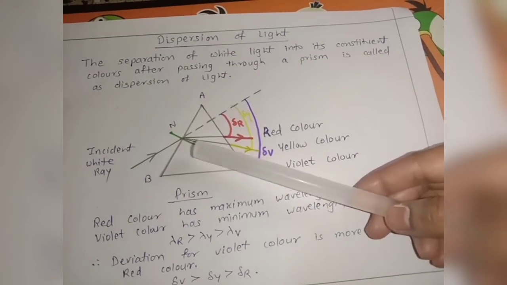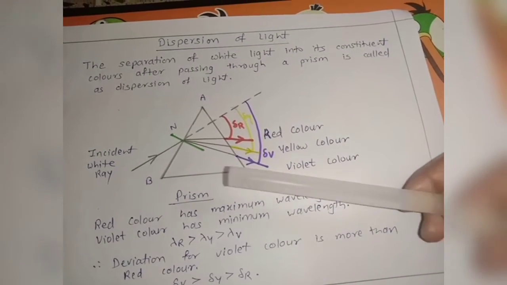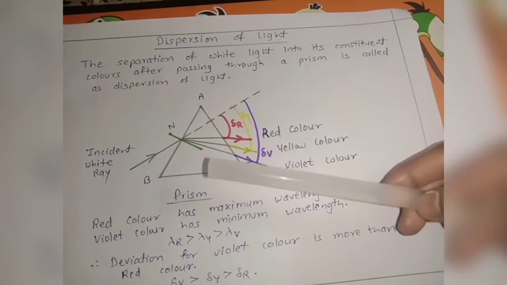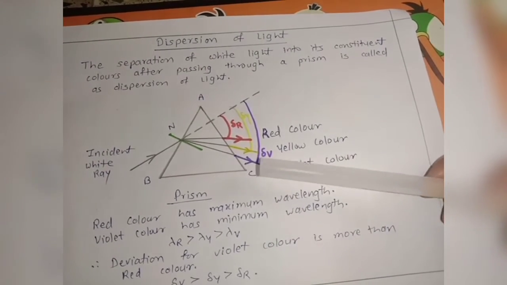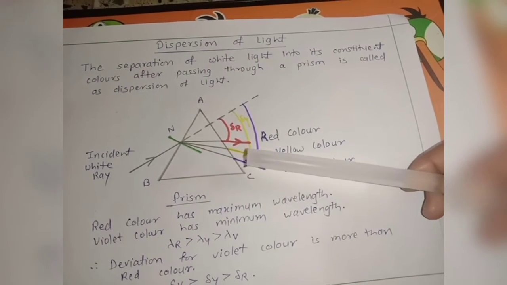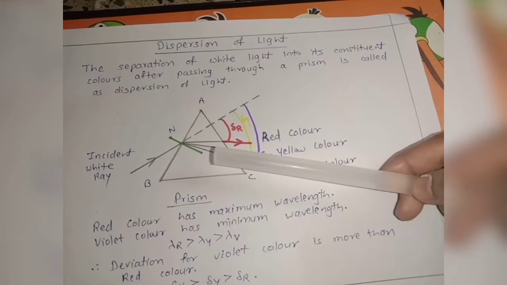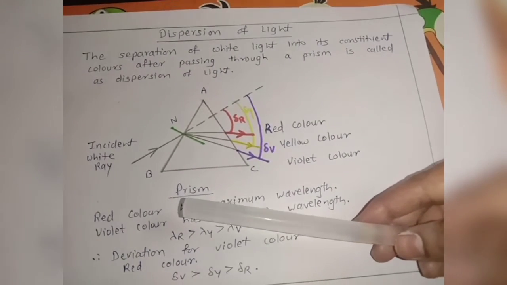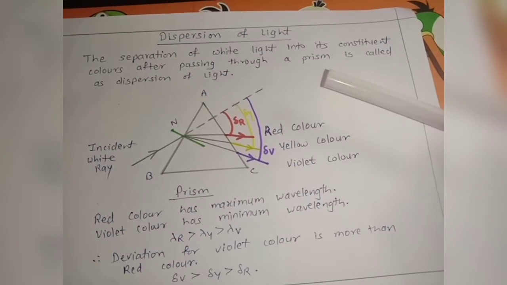When the ray travels through the prism, the longer wavelengths travel fast, and the shorter wavelengths require more time to come out through the prism. As a result, the violet ray gets deviated more and more from the original direction of the ray of light.